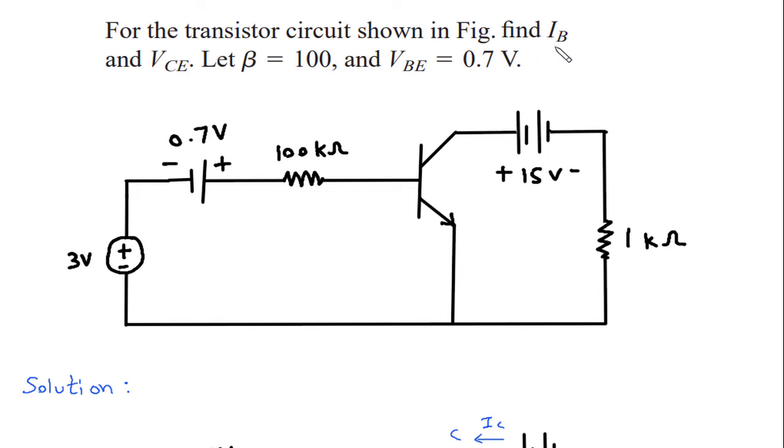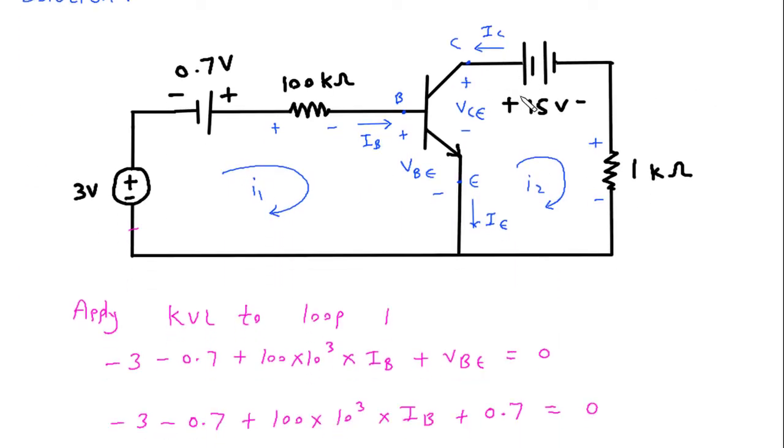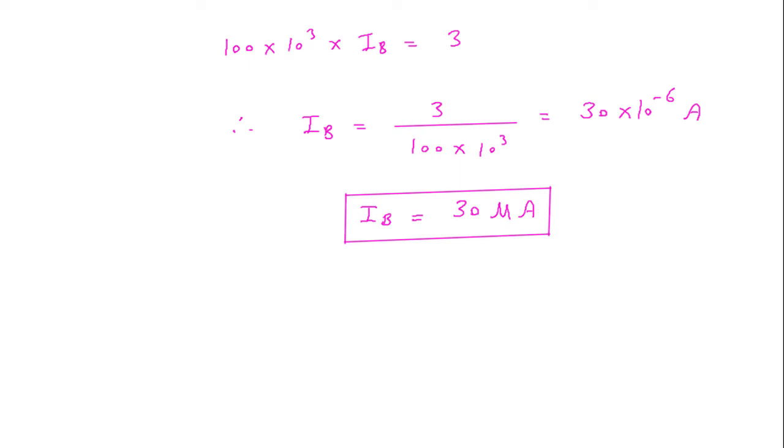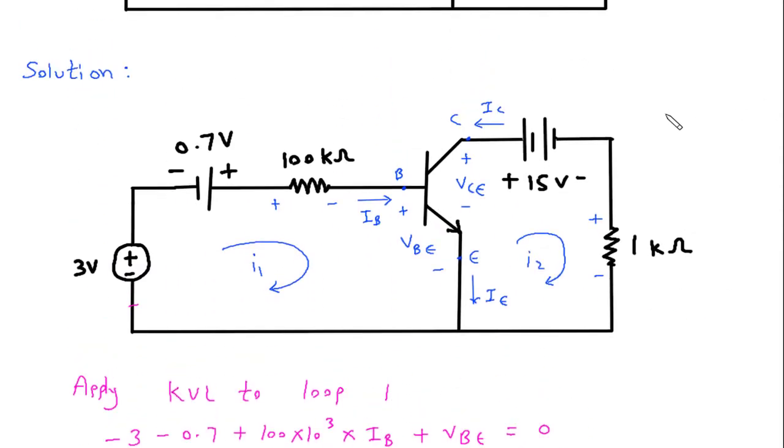We have to find IB and VCE. So to find VCE, we will apply KVL to mesh number 2 or loop number 2. Apply KVL to loop number 2. Let's say we will start from here.